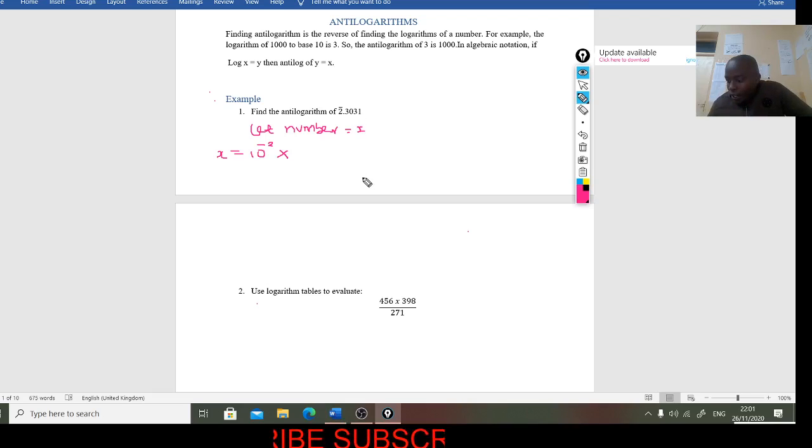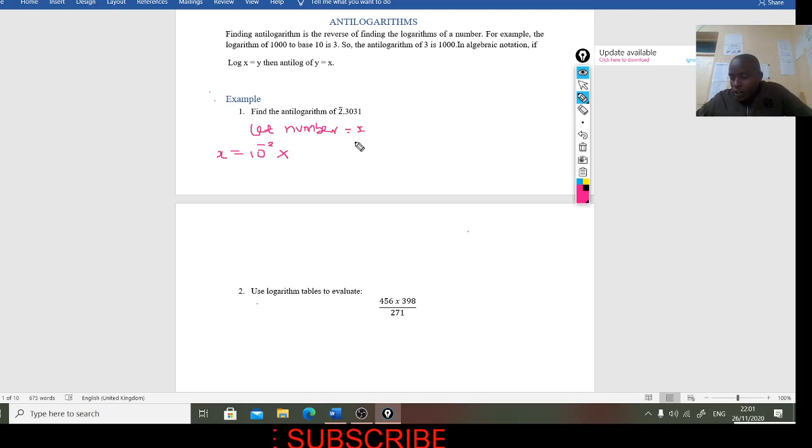So if I find the antilog of 0.3031, I'll find it to be 2.00. If you make a mistake here, this is now where the mistake comes.